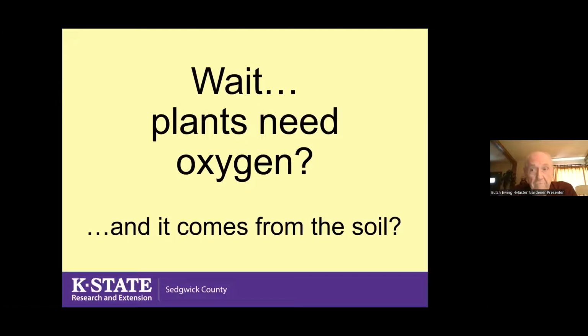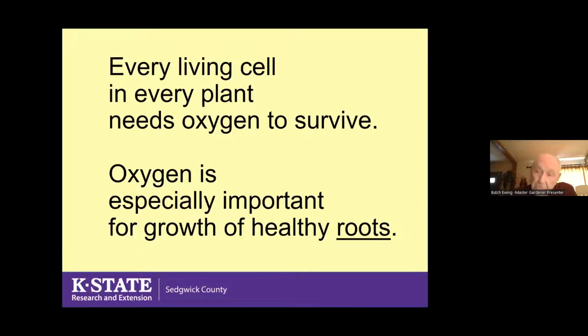Now, I'm sure some of you are saying, oh, wait a minute. Plants need oxygen and it comes from the soil? Well, the answer is yes and yes. Every living cell and every plant needs oxygen to survive. They use it in the metabolism of their food.